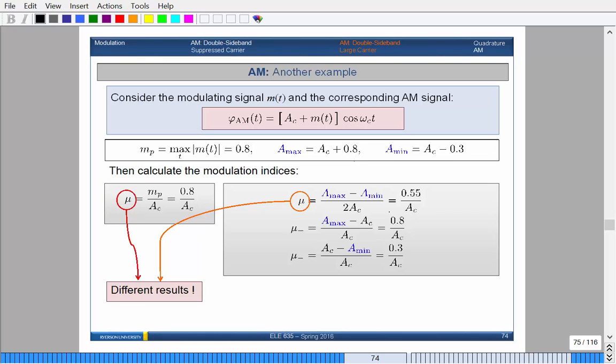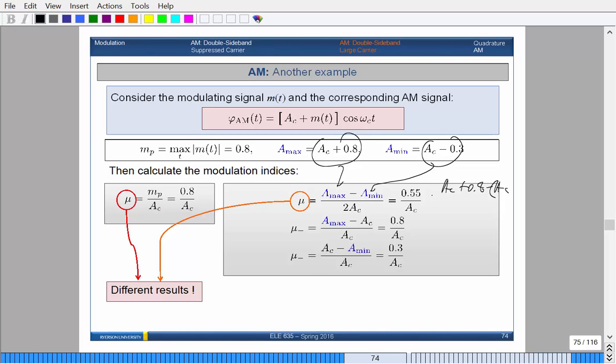So if you actually want to take a look at the modulation index in the second definition, you take A sub max, which is A_c plus 0.8, and then A sub min, which is A_c subtract 0.3. So if you have A_c plus 0.8, subtract A_c, let me see here. So subtract 0.8. What the hell? Why is that 0.55?